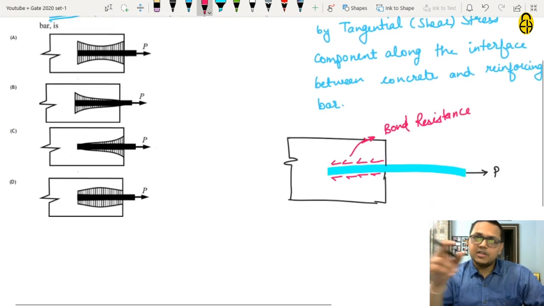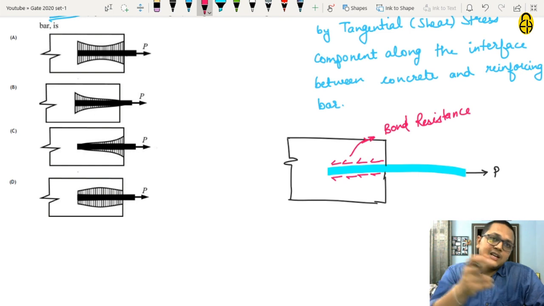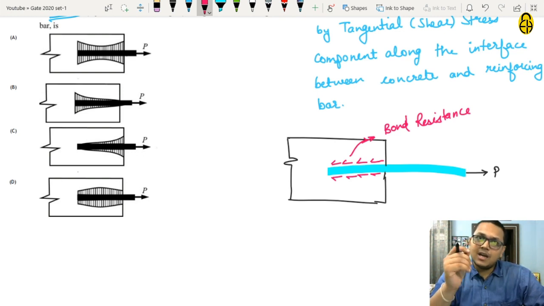So the variation of this bond resistance itself is asked in the question: which diagram depicts the actual distribution of the bond resistance. I'll give you the answer, but I think you students need to know the bond resistance in better detail before you come to the answer.